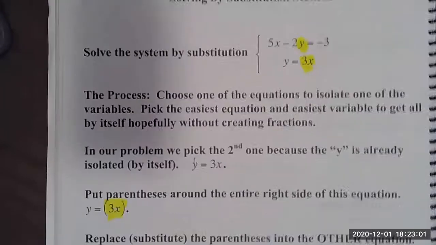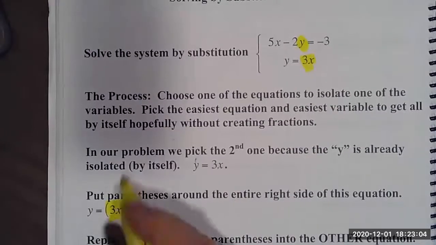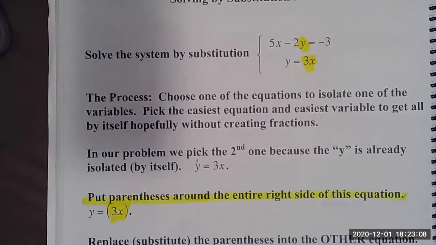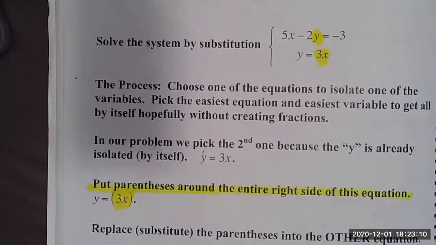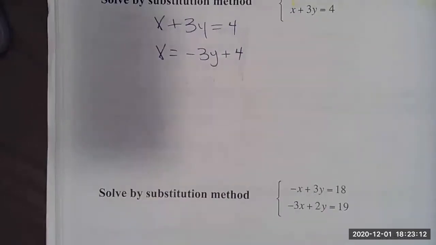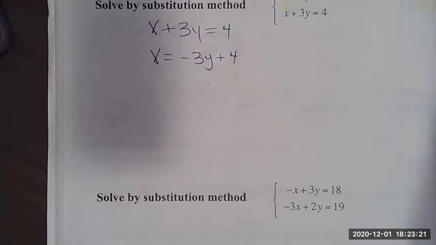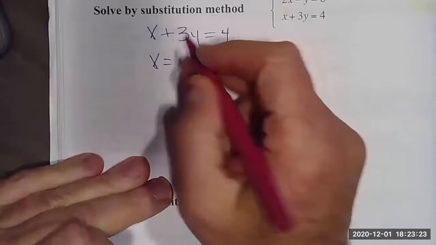Put parentheses. This is what my intent was. Maybe I don't say it right in my sentence structure. Put parentheses around the entire right side. Oh, there it is right there. All right, so put parentheses around the entire right side, right there.